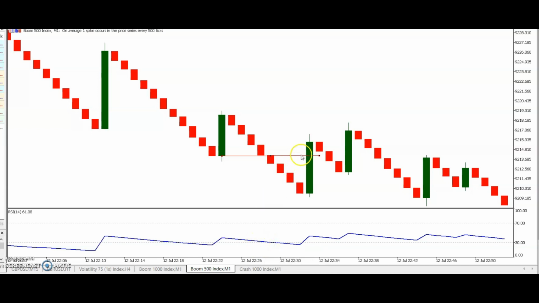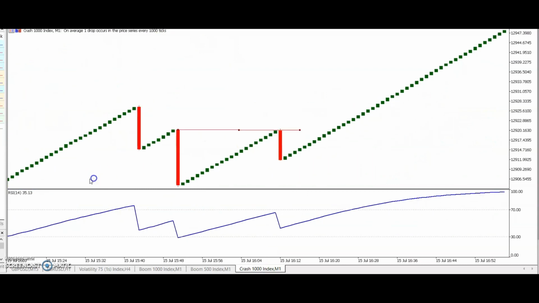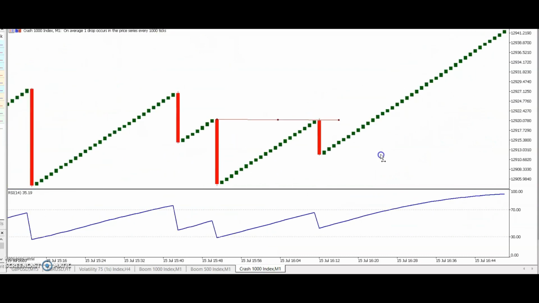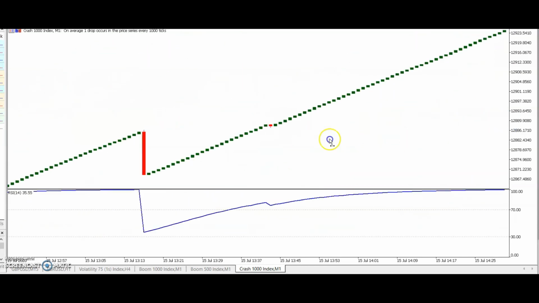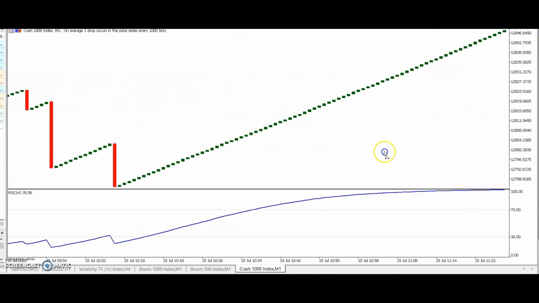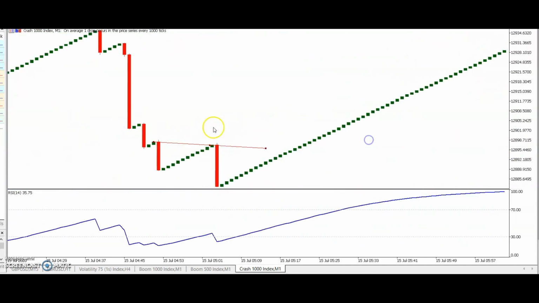Okay, so I had a couple examples that I had done before. Let's check crash 1000, right? So this is what happens with crash. It crashes going down, right? And then price starts pushing up. Price starts pushing up like this, right? And what you are looking for is something like this. Let me check it for you.